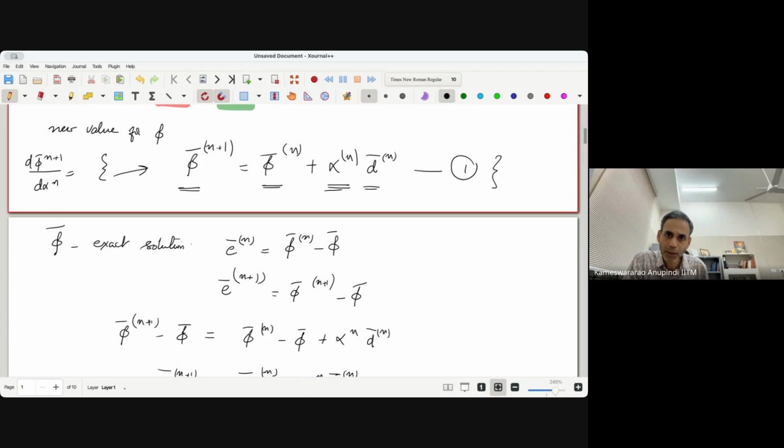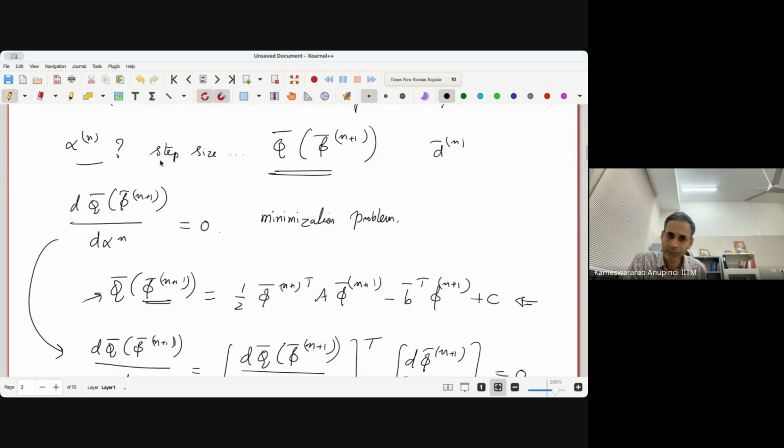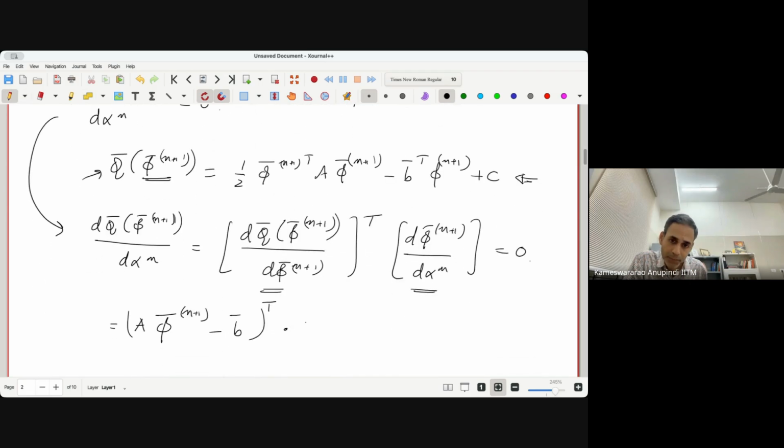That is simply going to be d̄n, because the other term does not depend on αn, and the derivative with respect to αn would be the quantity that is multiplying it, that is d̄n. So I can write d φ̄n+1 by d αn as simply d̄n.